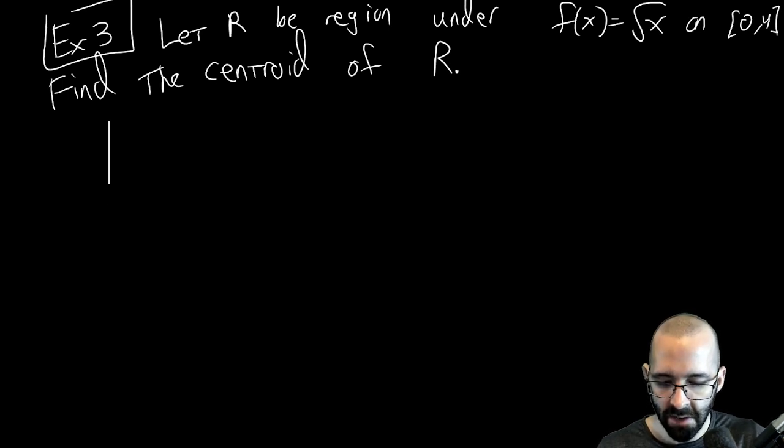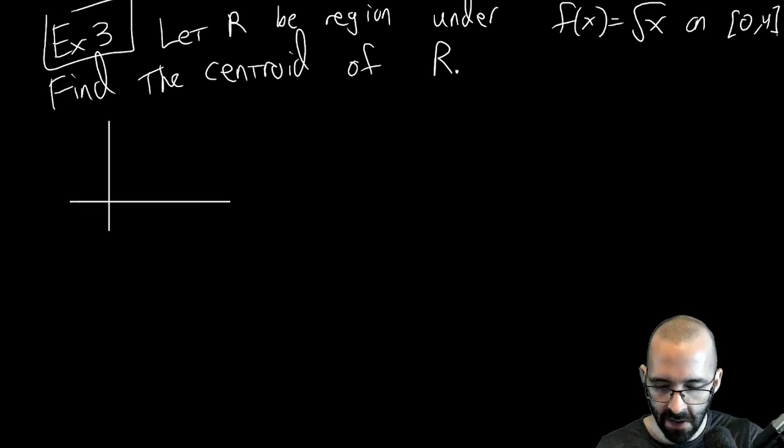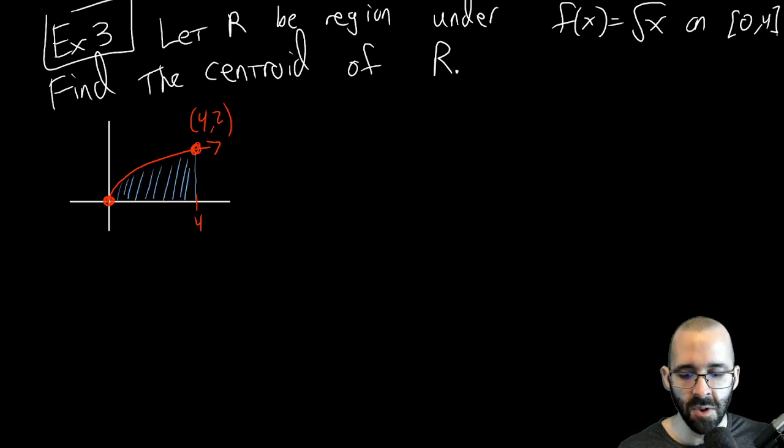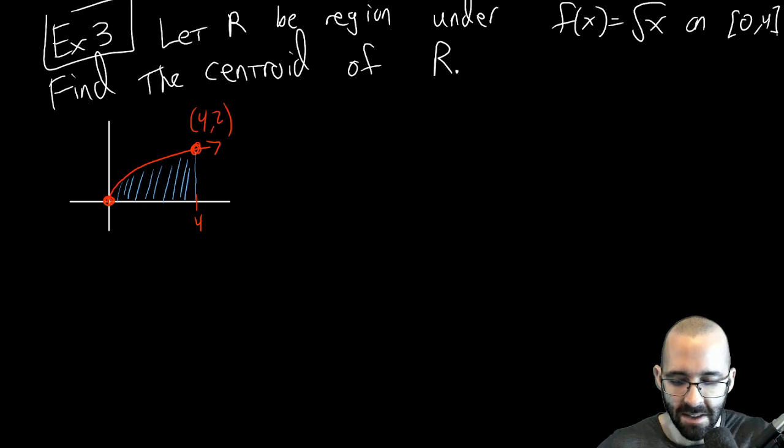If we're drawing a little graph, all right, square root of x, this shape, 0 to 4 means that we have the point 4 comma 2, and it's the region under f. So it's that region. So just right off the bat, where do you think the geometric center of this region is? Centroid is that geometric center. It's the center of mass of that lamina. The lamina has constant density. They're all kind of related quantities.